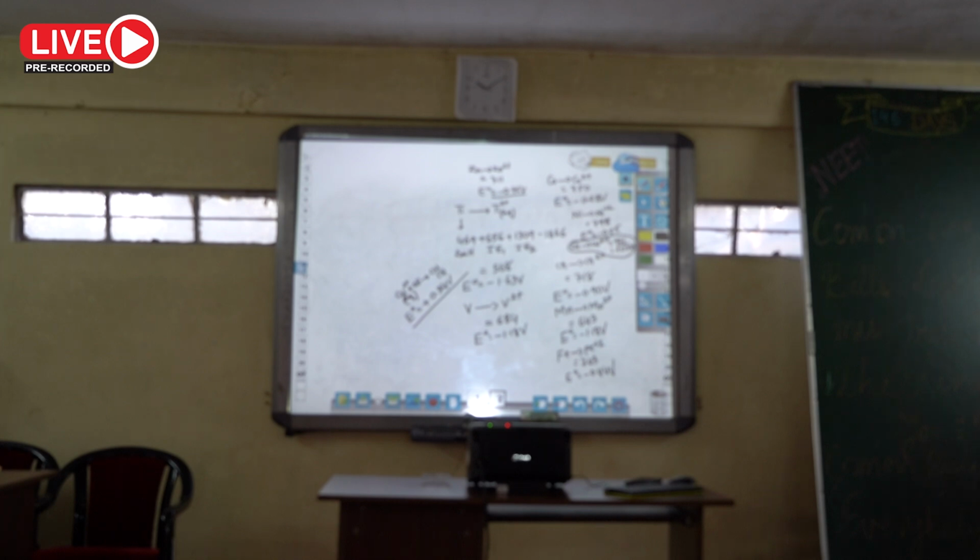This indicates that copper cannot liberate hydrogen from acids, while all other elements mentioned in the series can liberate hydrogen from dilute acids.